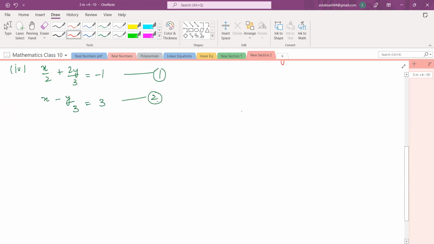Yes, if I multiply this equation by 1 by 2, then I'll get x by 2 minus y by 3 into 2, which is 6, and then 3 by 2. This is my equation number 3. Now you can see the coefficients of x, x by 2 and x by 2, have become the same. So it's not necessary that you multiply both equations. You just have to make the coefficients of one variable the same, that's it.